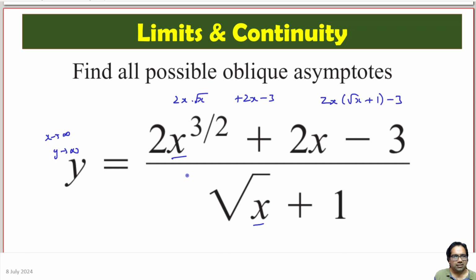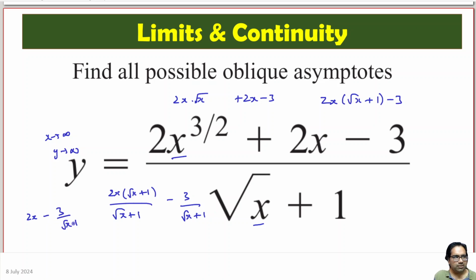What does that mean? We can write it as 2x times root x plus 1 by root x plus 1 minus 3 by root x plus 1. We can do it like this also, or even if we do polynomial division, we will still get the same thing. Basically, we are trying to break this function into two parts.